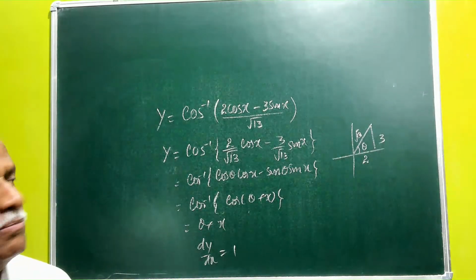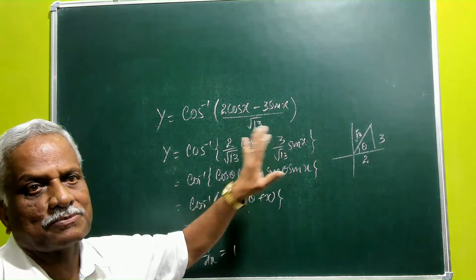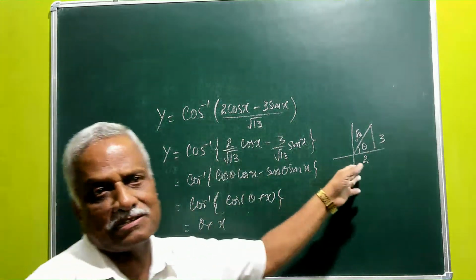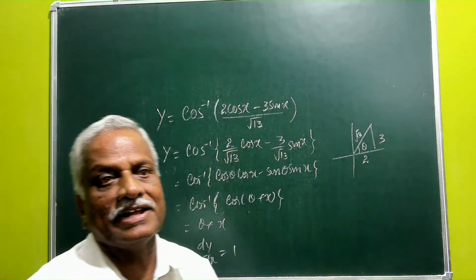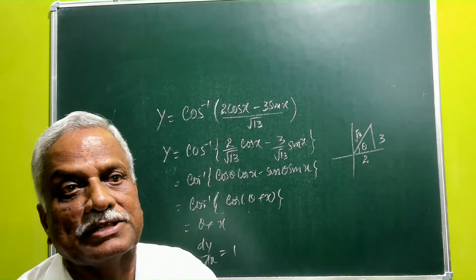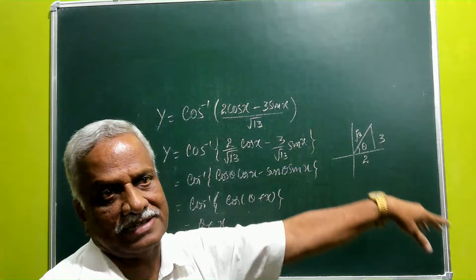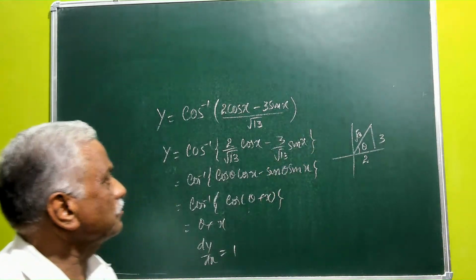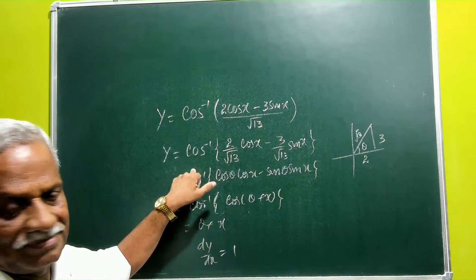Very simple problem, provided you are able to understand. You have to express it like this. Even this is not required; orally you can do it. When it is 2 by root 13, the other side is root of 13 minus 4, which is 9, so 3. So 3 by root 13 is sine. And why should you take cos A cos B minus sin A sin B? Because cos inverse is there.